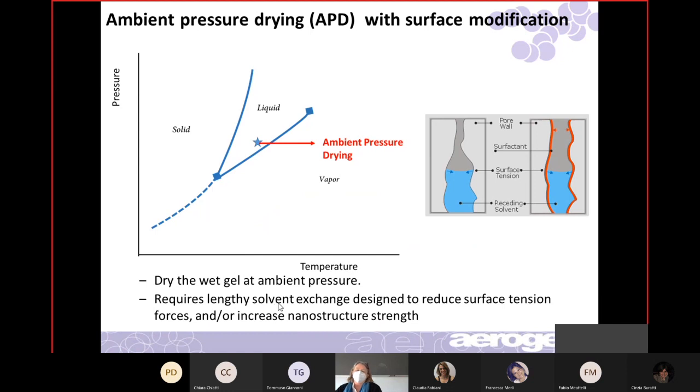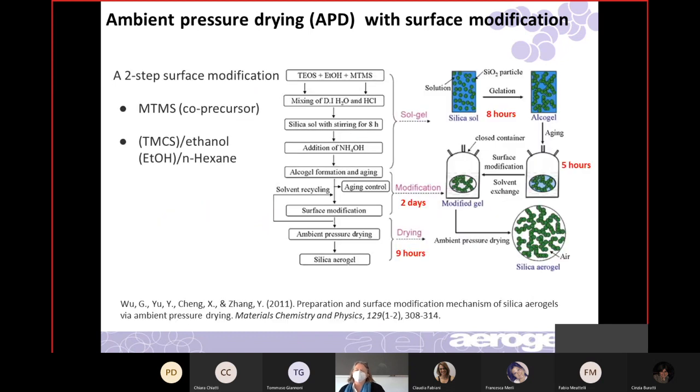In theory, it sounds nice. In practice, and I'll show you an example of what people do, it requires a lengthy solvent exchange to do that.